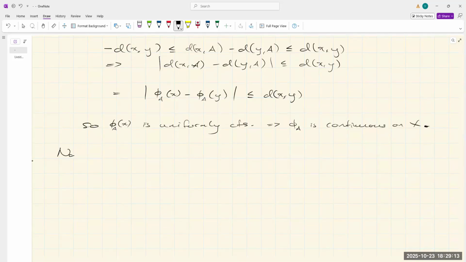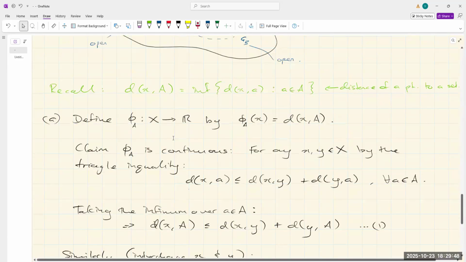Example here now to show the result in part A. Okay, so to show the result in part A, I'm going to define, again, this should look familiar to you, the distance between these two sets, A and B.